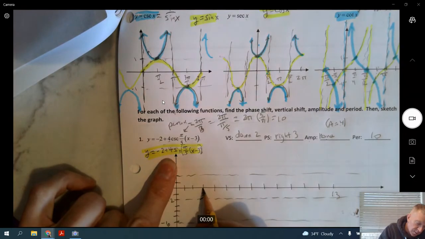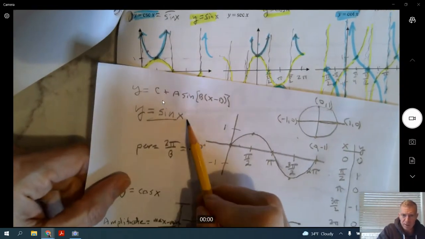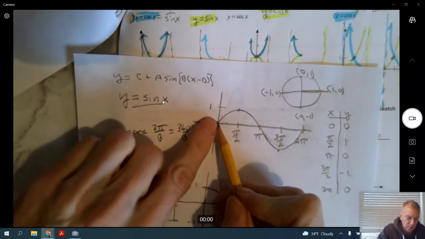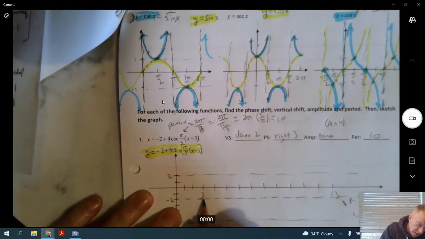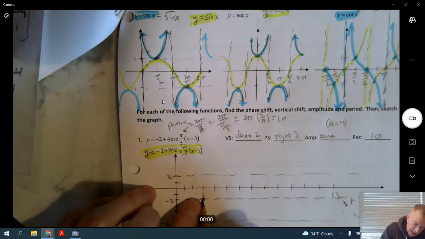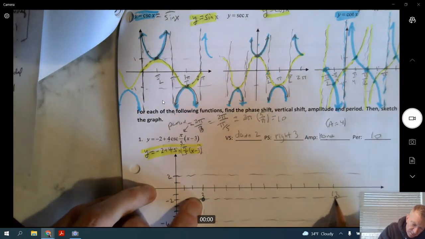Okay, so at 3, the sine function, remember the regular parent sine function starts at the wave axis, ends at the wave axis. Halfway through the cycle, I'm at the wave axis. Okay, so we started right 3, so I should be at the wave axis. At the end of the cycle, at 13, I should be at the wave axis.